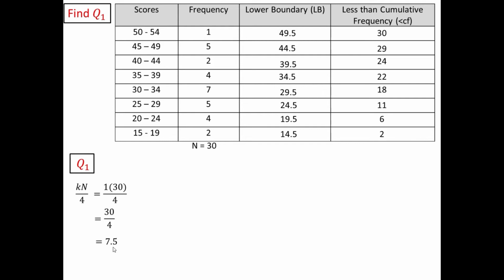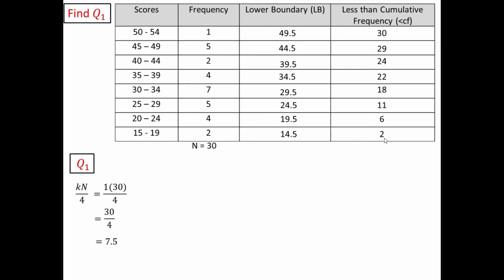Para malaman yung ating first quartile class, magre-refer tayo dito sa less than cumulative frequency. So dito tayo titingin. Hahanapin natin yung pinakamalapit na number na greater than or equal kay 7.5. So isa-isahin natin. So si 2 hindi siya pwede dahil mas mababa siya kay 7.5.